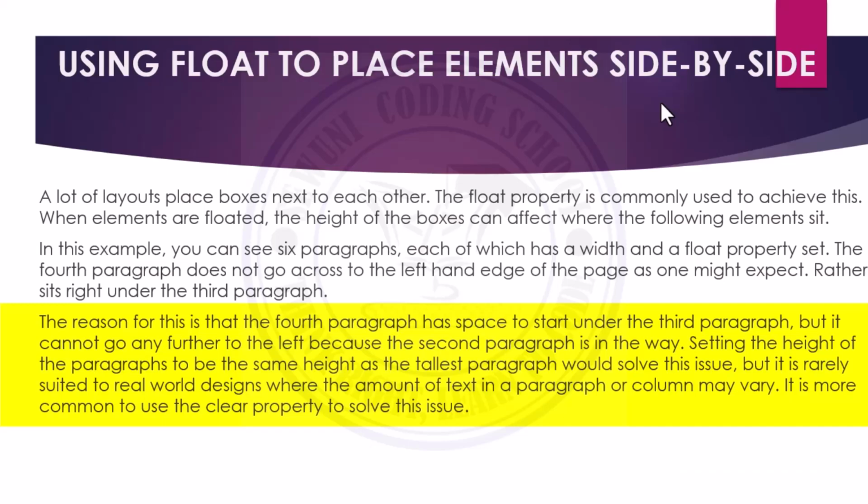Setting the height of the paragraphs to be the same height as the tallest paragraph will solve this issue, but it is rarely suited to real-world designs where the amount of text in a paragraph or column may vary. It is more common to use the clear property to solve this issue.